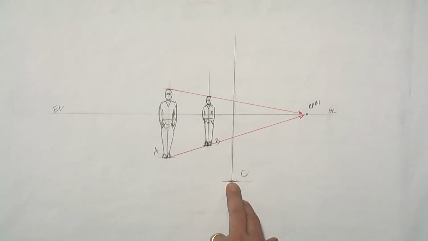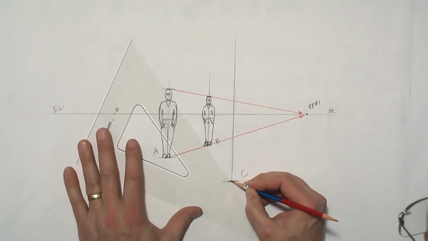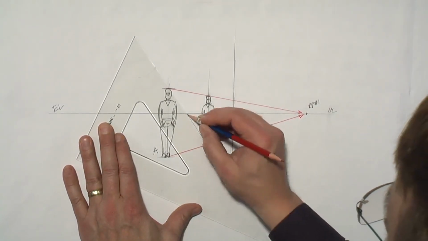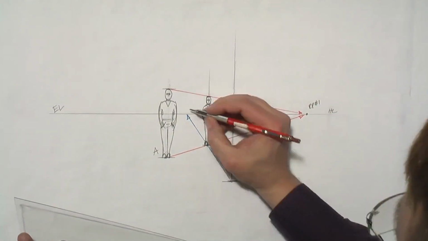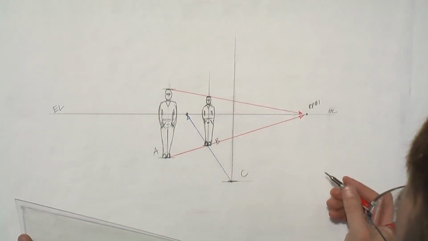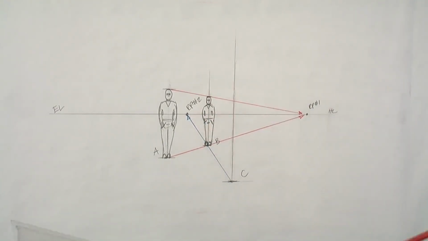So I'm going to take base C through base B to establish reference point 2. I'm going to do that with a blue pencil. Base C through base B gives me another reference point on the horizon into infinity, and I'll call that reference point number 2.